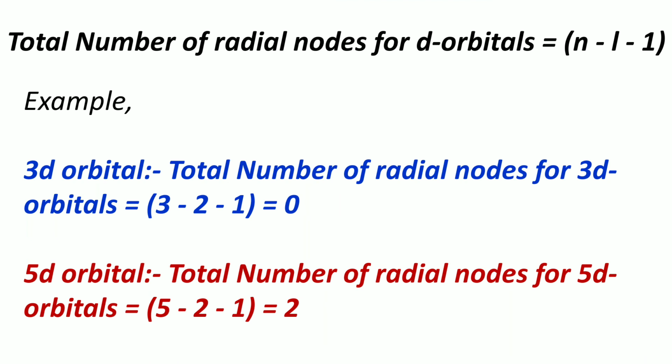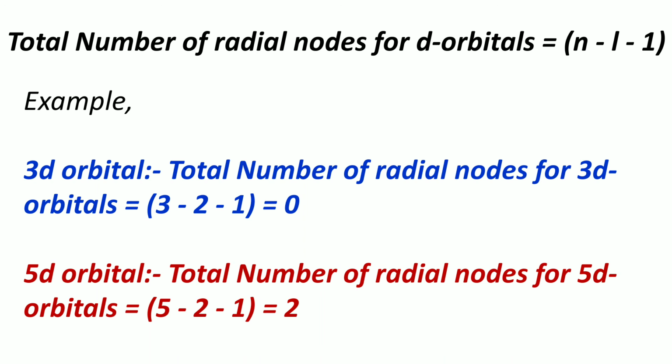The formula for the calculation of the total number of radial nodes for the d orbitals is n minus l minus 1, where n is the principal quantum number and l is the azimuthal quantum number. Let us use some examples. For the 3d orbitals, the principal quantum number n is 3, and the azimuthal quantum number l is 2.